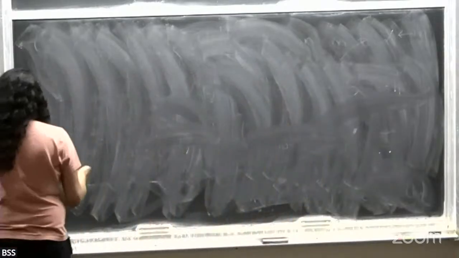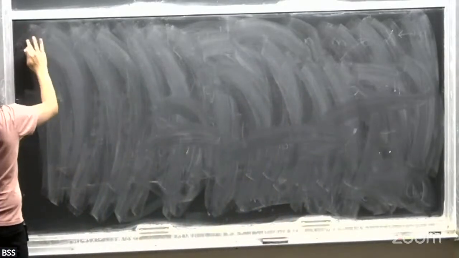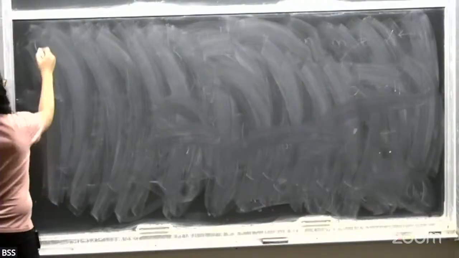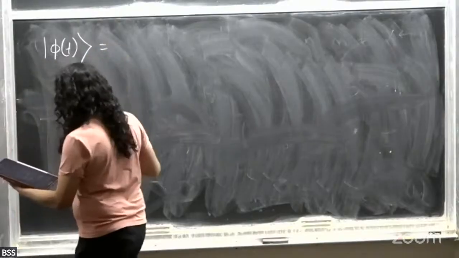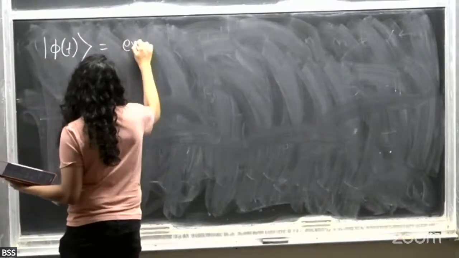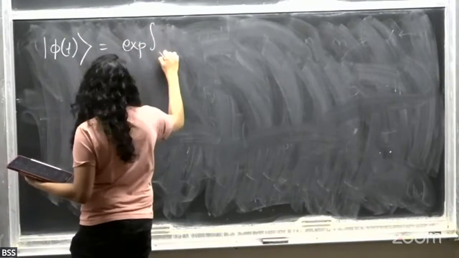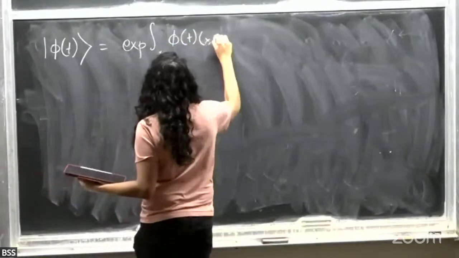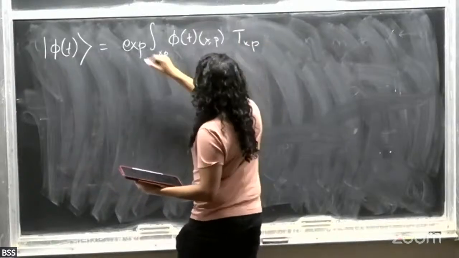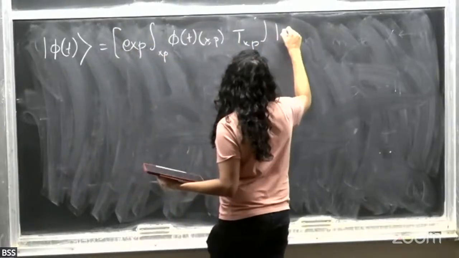Okay, so the lightning derivation of the action. Let's say we have some generic time-dependent trajectory in the space of states, which is, as always, exponent integral xp phi of t acting on the Fermi sea.